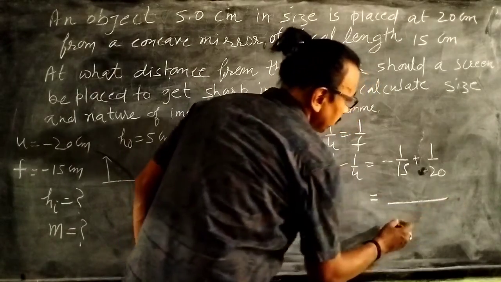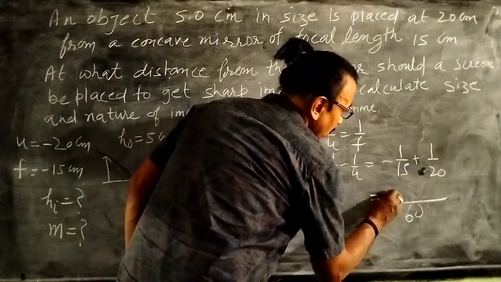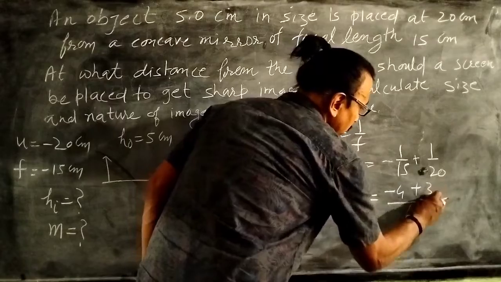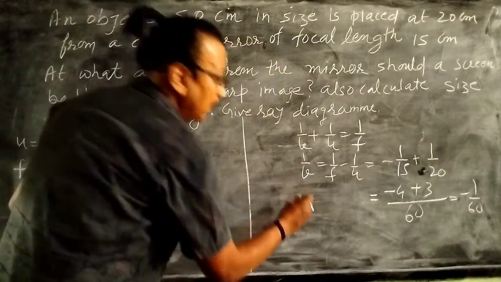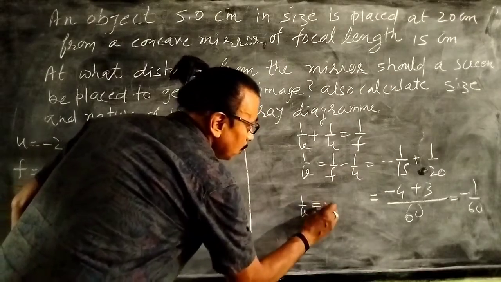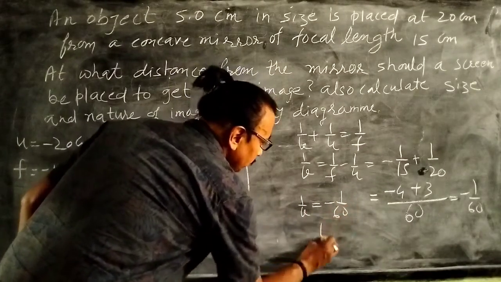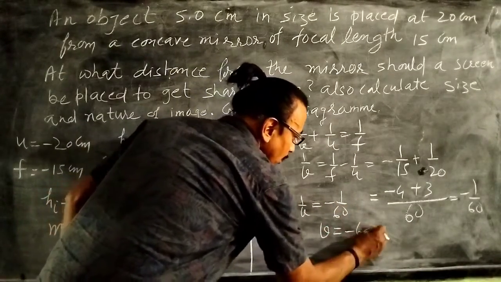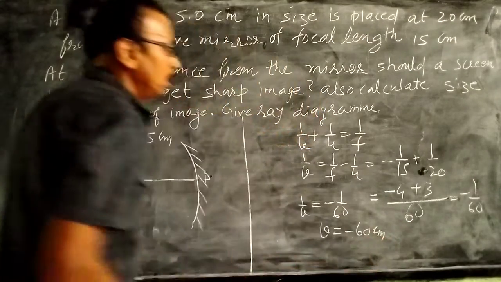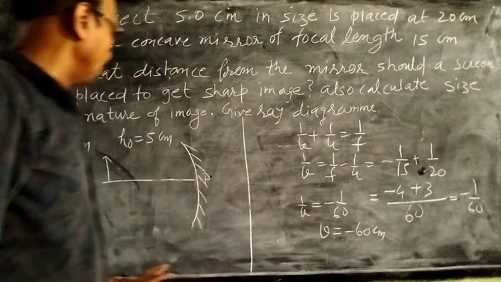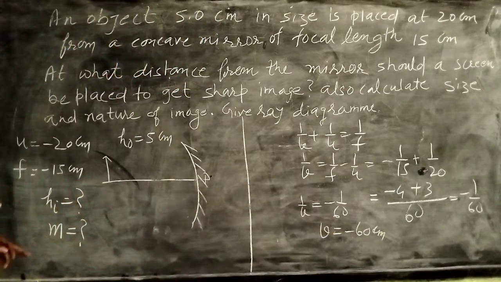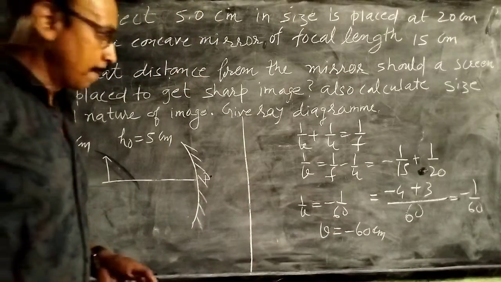Now we take LCM, 60: minus 4 plus 3, that is minus 1 by 60. So 1 by V equals minus 1 by 60, that is V equals minus 60 centimeter. This means the image will be formed to the left of the mirror at a distance of 60 centimeter from the pole.